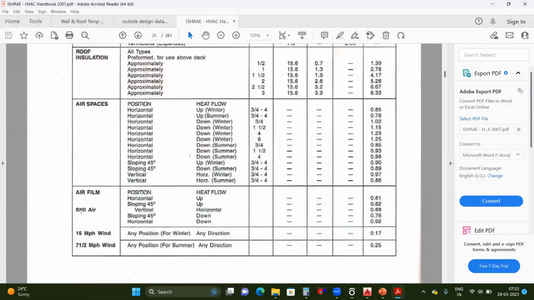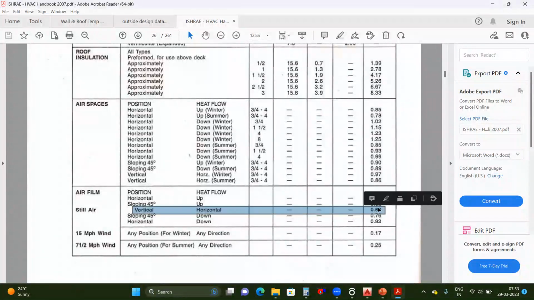Yes, still air you can see here. This we call still air. Vertical, so the direction of the air is vertical. The value is 0.68. So this is the resistance value, 0.68, for the outside air.